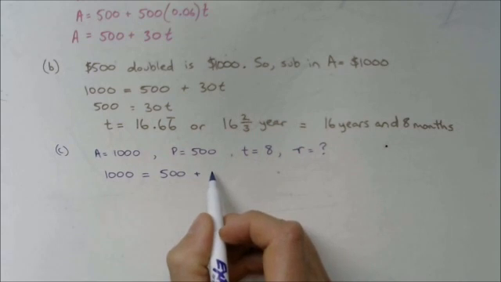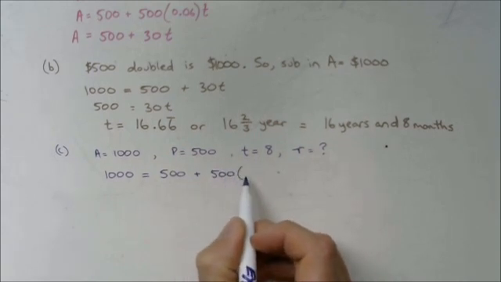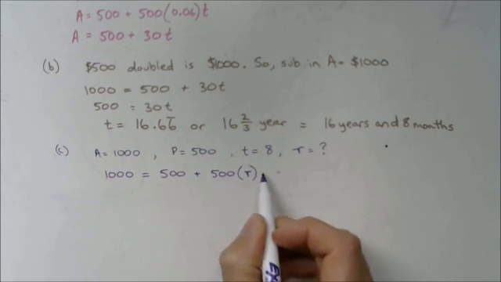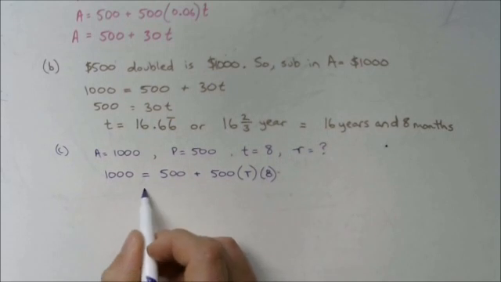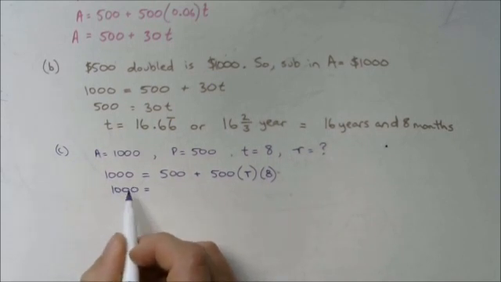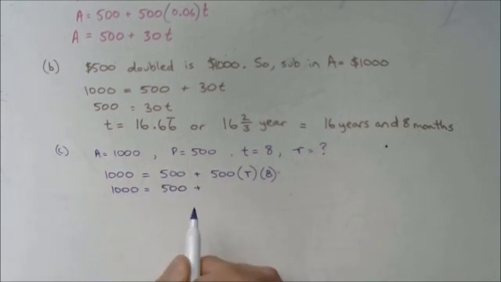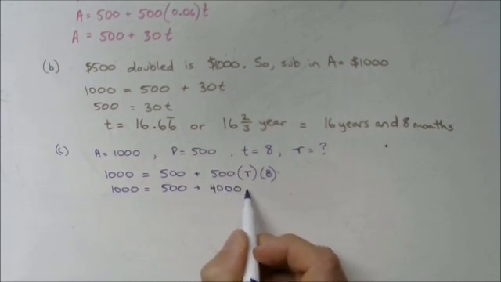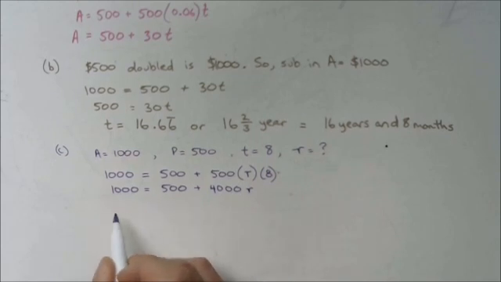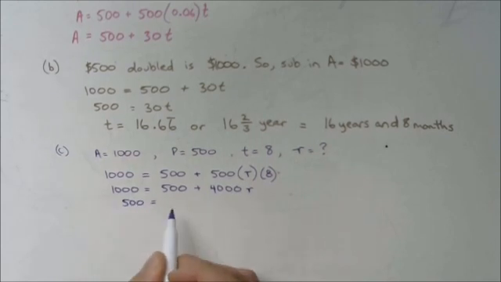It is 500 times r times 8. 8 years in there for t, okay? So let's start to simplify. We've got 500 plus 500 times 8 is 4,000r. Subtract 500 from both sides.